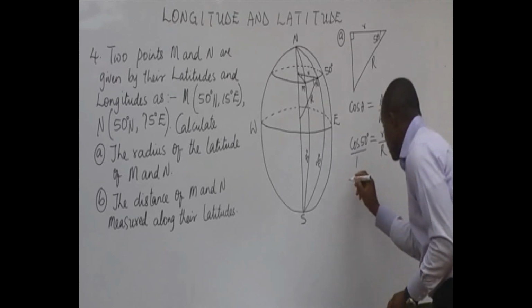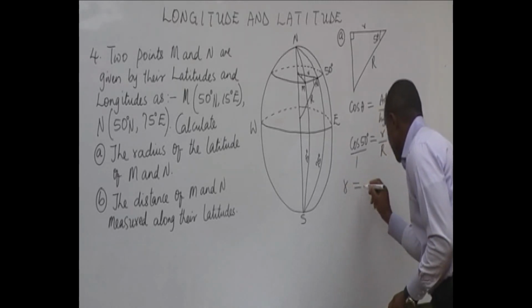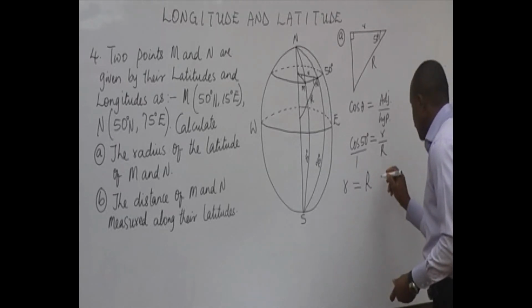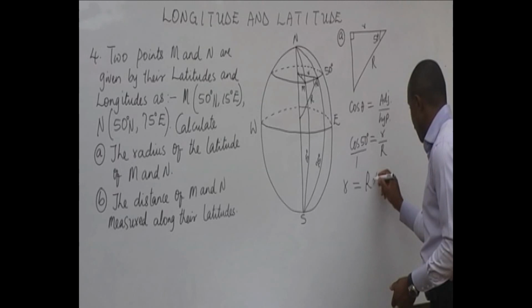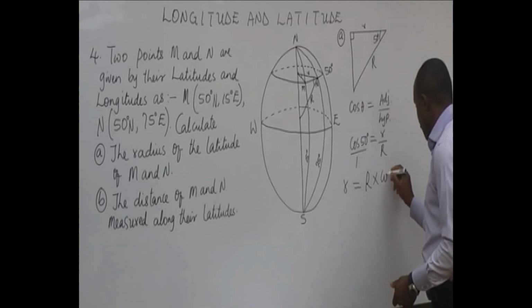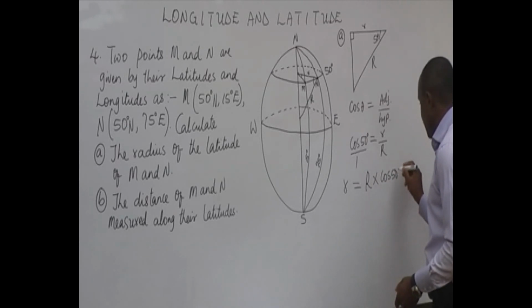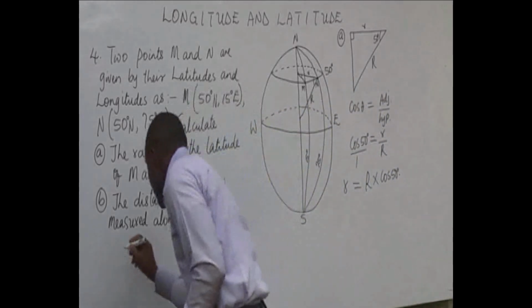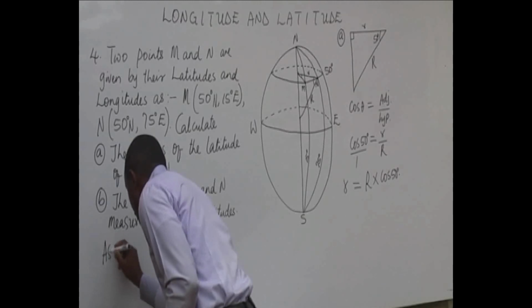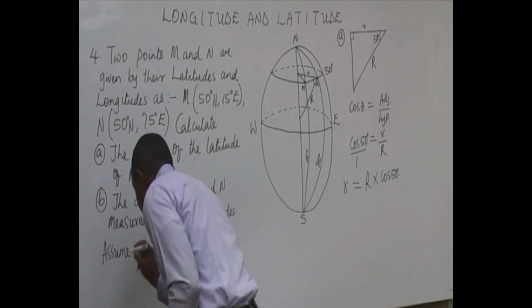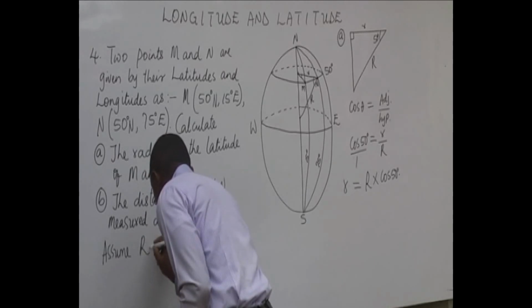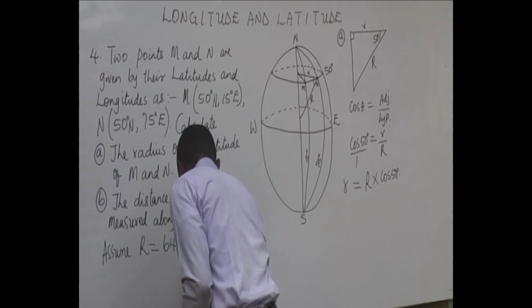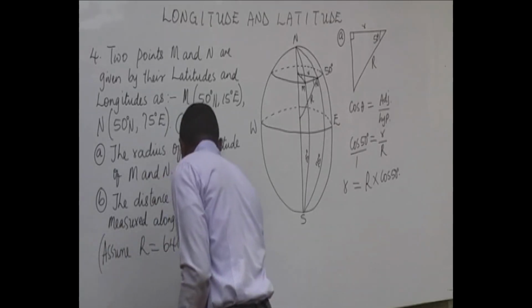If you cross multiply, you discover that the small r we are asking for is going to be big R times cosine 50 degrees. This big R, the value of big R, I'm sorry, I don't know why I'm omitting this. Assume R is equal to 6,400 kilometers. That should be part of the question.